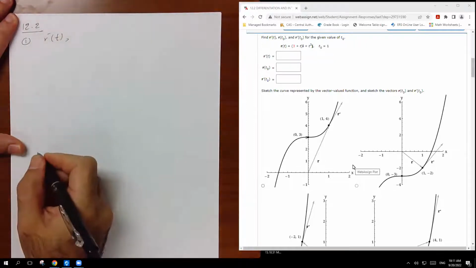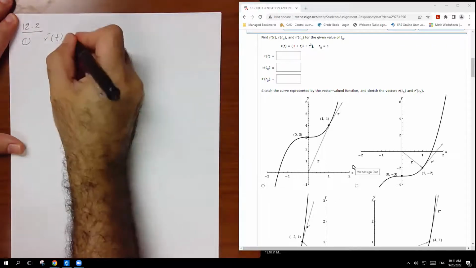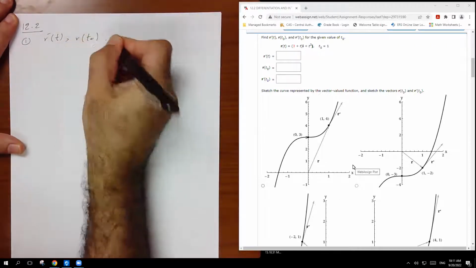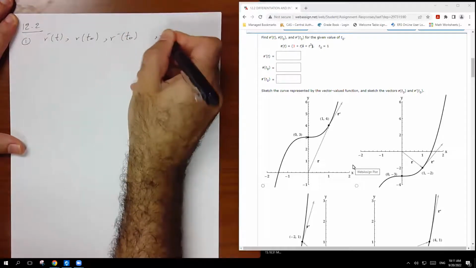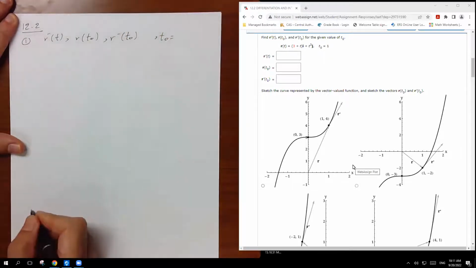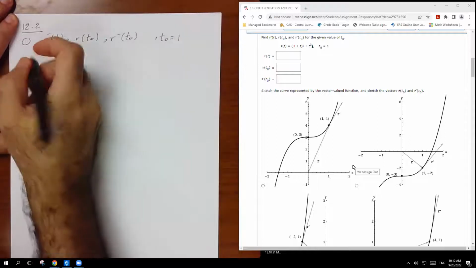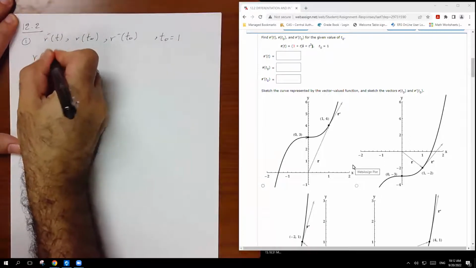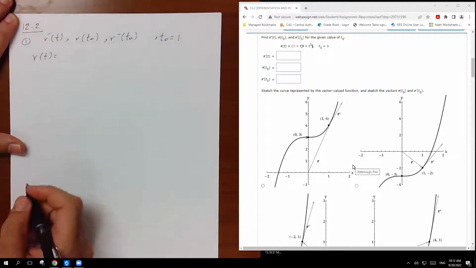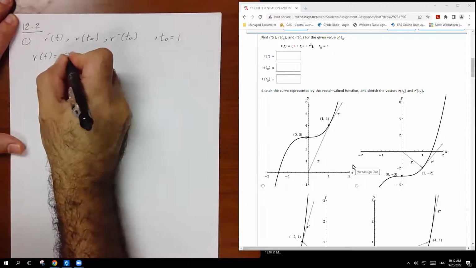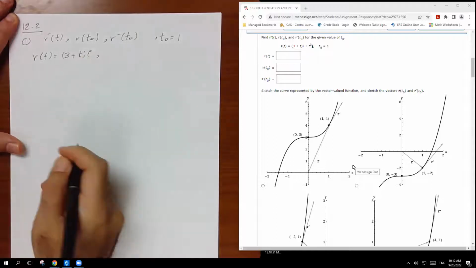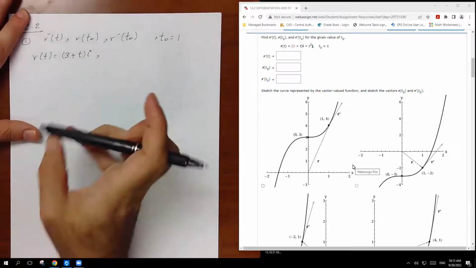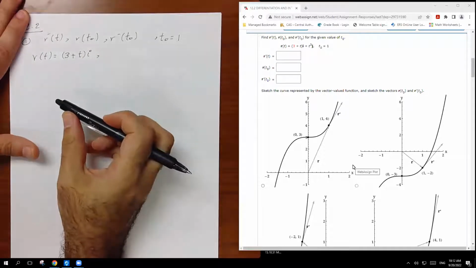Then they ask you to find r of t naught and r prime of t naught, but they're telling you t naught equals 1. So r of t is the function equal to 3 plus t for the i, plus t cubed for the j.